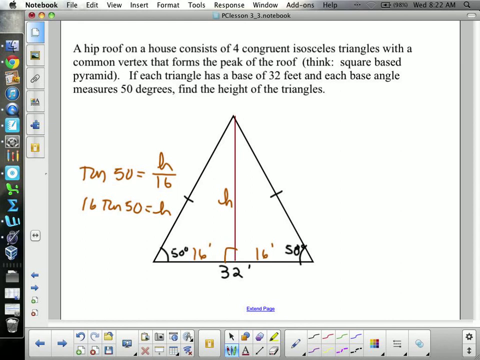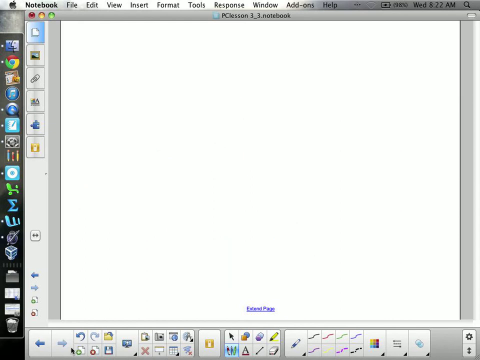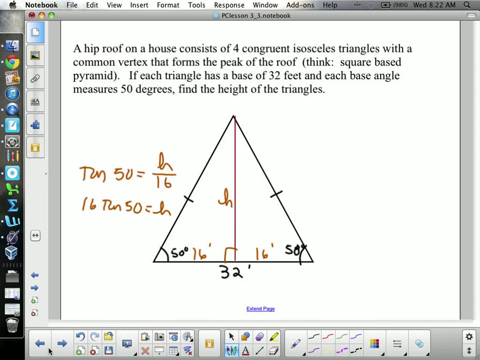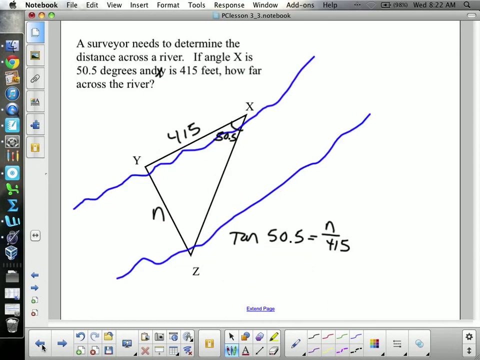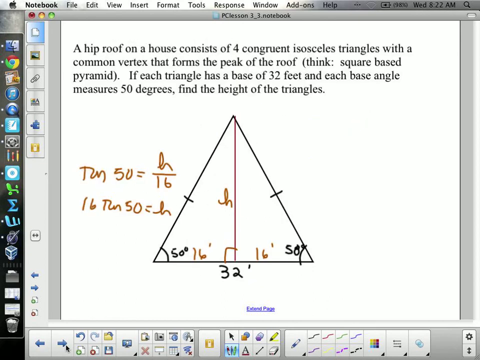So we have different types of problems in this section. I did the really hard one first. Well, second. Most of our problems are on this level. You might have to draw a triangle, but in many cases in the book they've already drawn the triangle for you.